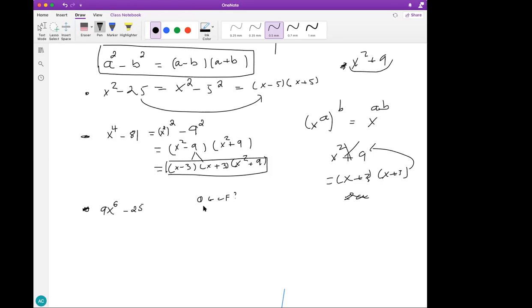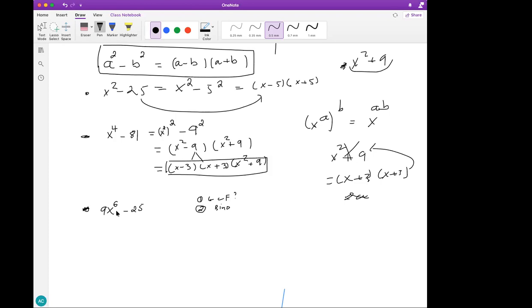I wanted to explicitly make that a problem. So try GCF first, then whether it works or not, try a binomial. In this case, we have two terms.